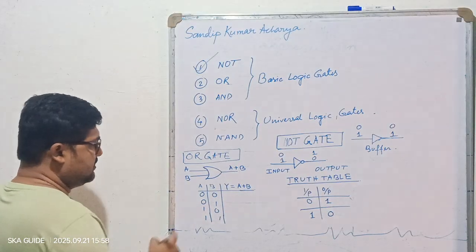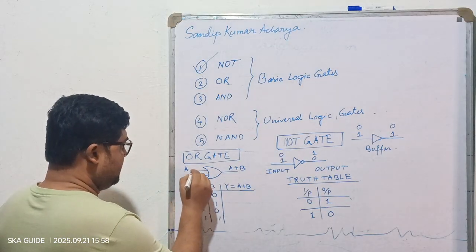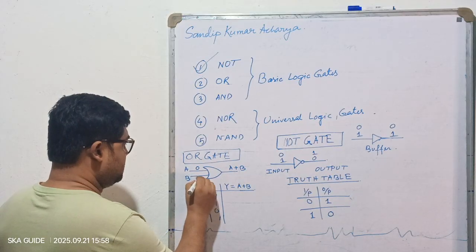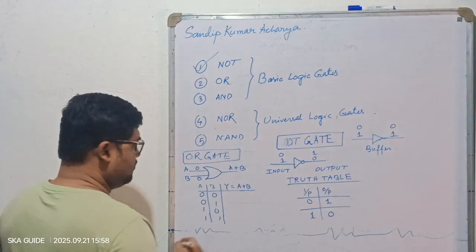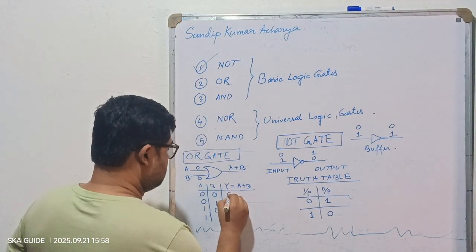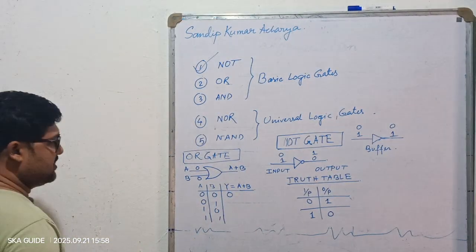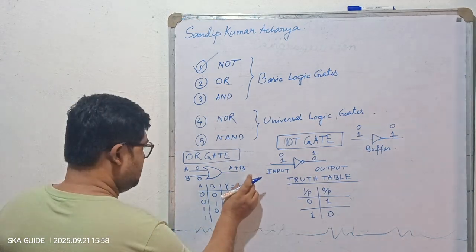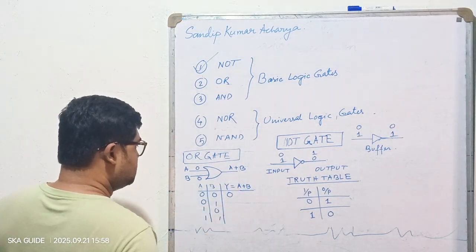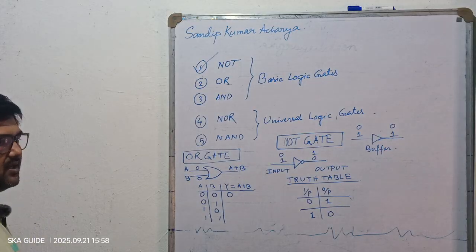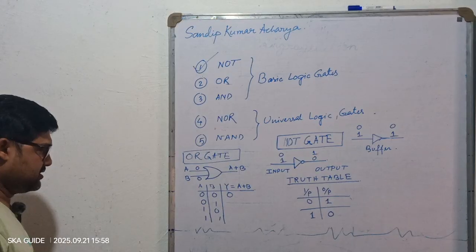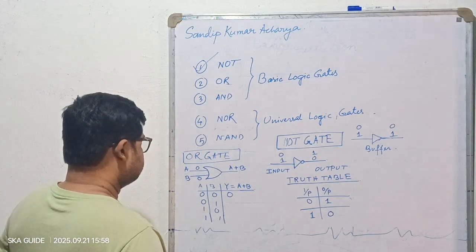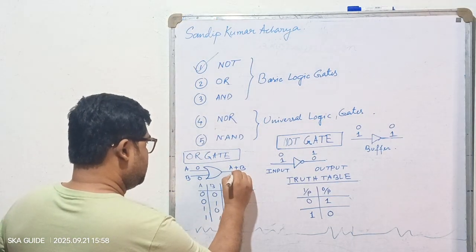If we put 0 and 0 at A and B, what will be the output? The output will be 0. A plus B will be 0 plus 0 equals 0. We will follow the Boolean algebra here. We will discuss the Boolean algebra in detail later.